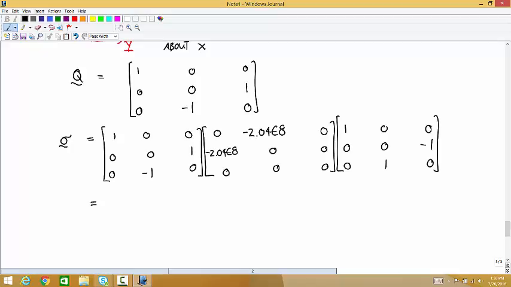If you're looking at a point on the top of a circular cross-section, you're going to have non-zero shear stresses in the XZ elements. And so this gives you 0, 0, positive 2.04 times 10 to the 8, 0, 0, 0, 2.04 times 10 to the 8, 0, 0. Any questions about that?